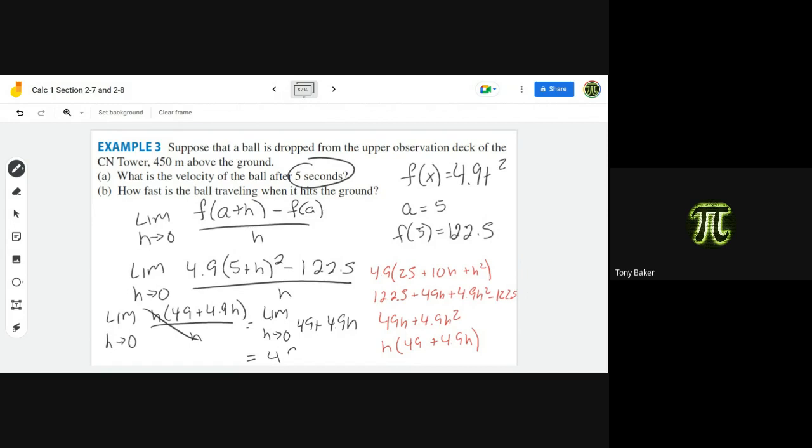So the answer is 49 meters per second. So at 5 seconds, it is now traveling at 49 meters per second.